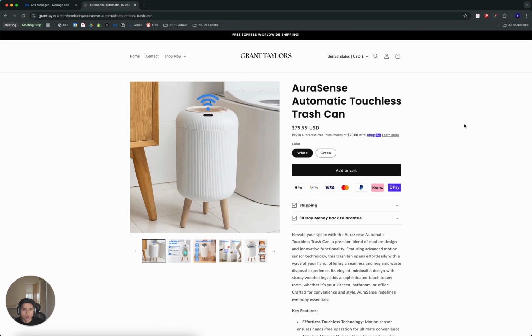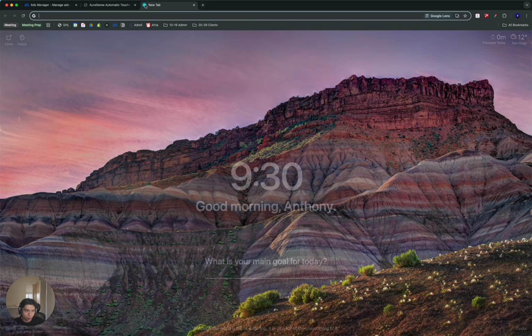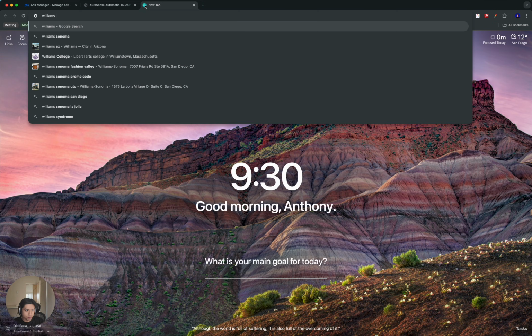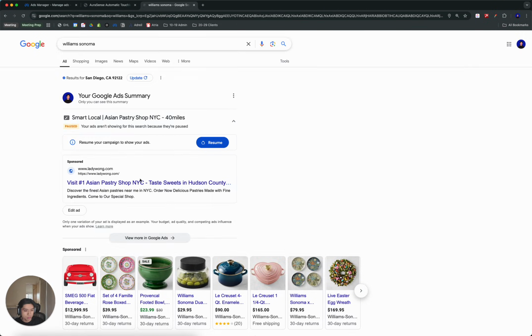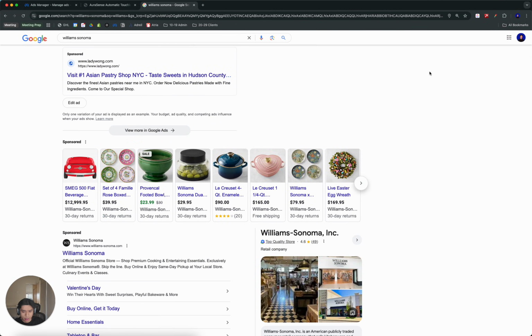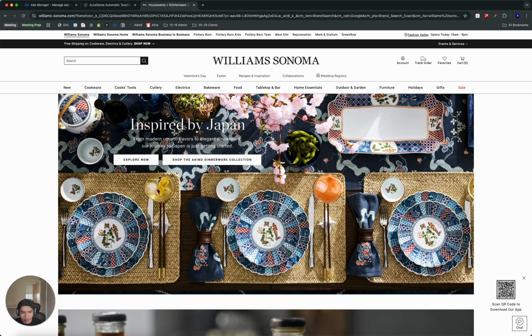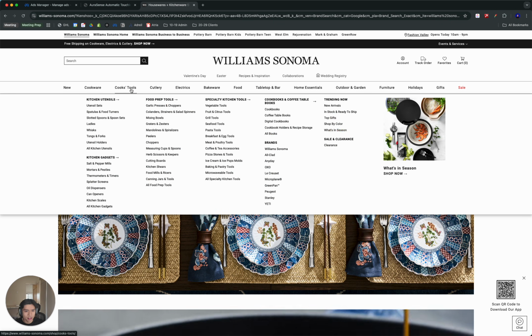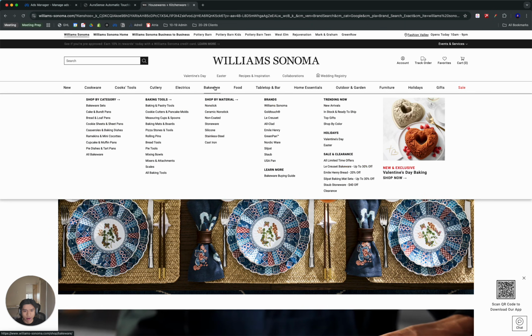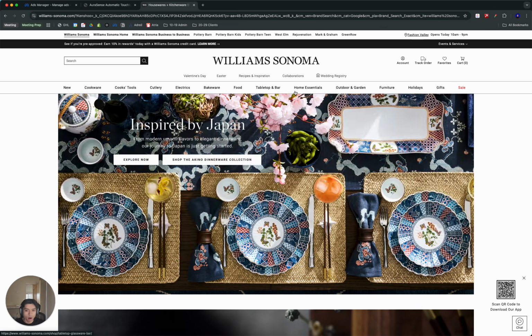And if you think this looks a little bit out of place, let me show you a couple of stores really quick. Okay, so Williams-Sonoma, this is a brand, and they have retail locations here in San Diego, multiple locations, and these guys sell literally everything. They sell cookware, cook tools, cutlery, electrics, bakeware, food, tabletop and bar, home essentials.